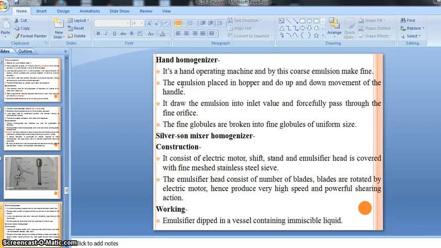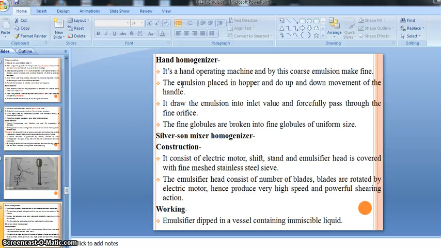As its name itself indicates, a hand homogenizer means we have to operate it with the hand, manually. No electricity is required for operating the machine. We can easily handle or operate it, right?